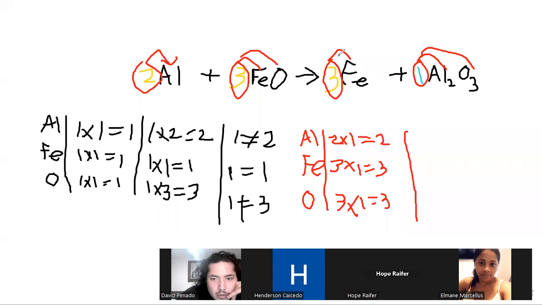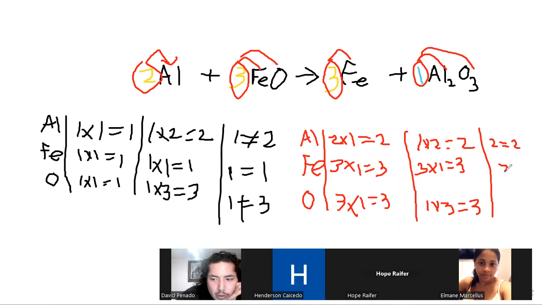Now on this side, 3 times 1 equals 3. 1 times 2 equals 2. 1 times 3 equals 3. So in the end, I see 2 equals 2, 3 equals 3, 3 equals 3. And they're balanced.